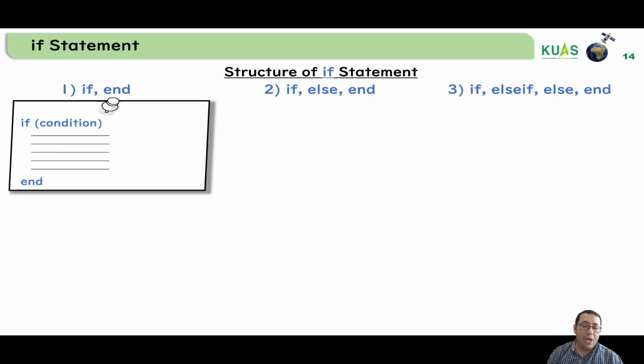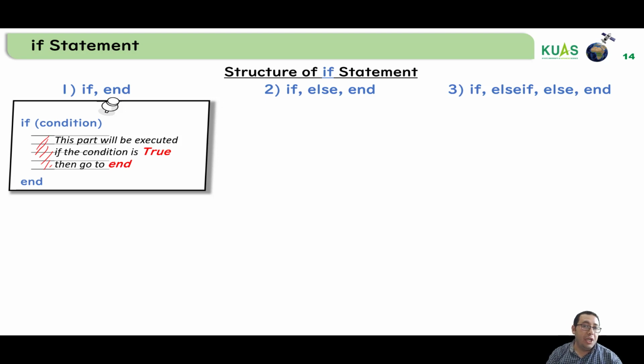In the if end, we have if, and then we have the condition. We just talked about the condition and we use logical operations to create it. As we know, the condition has to output true or 1, or false or 0. If the condition is true, this part of the code will be executed and then go to end.